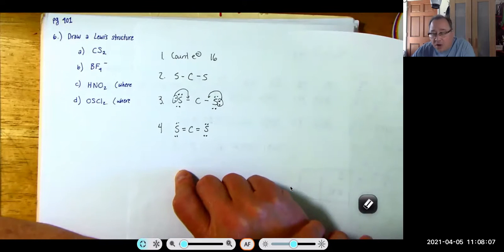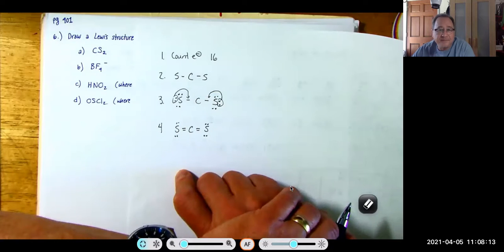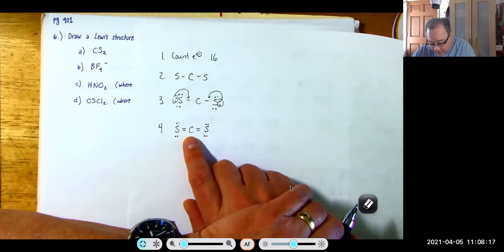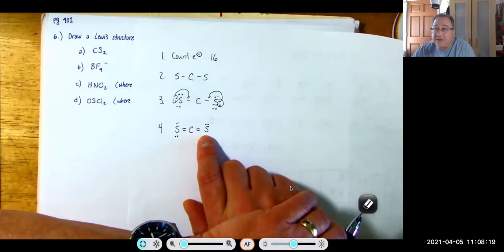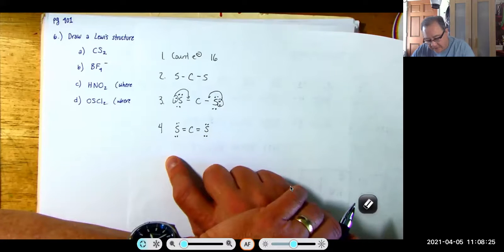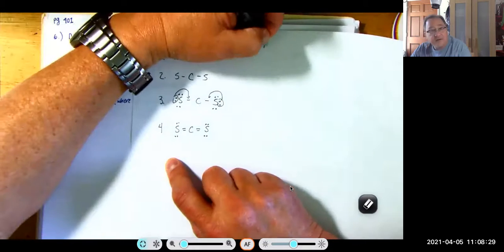You can't just throw more electrons in there, so you have to move the electrons around that you have. So carbon likes to make 4 bonds. Here it has 4 bonds. This sulfur likes to make 2 bonds. Here it has 2 bonds. The other sulfur, same thing. So that's CS2.